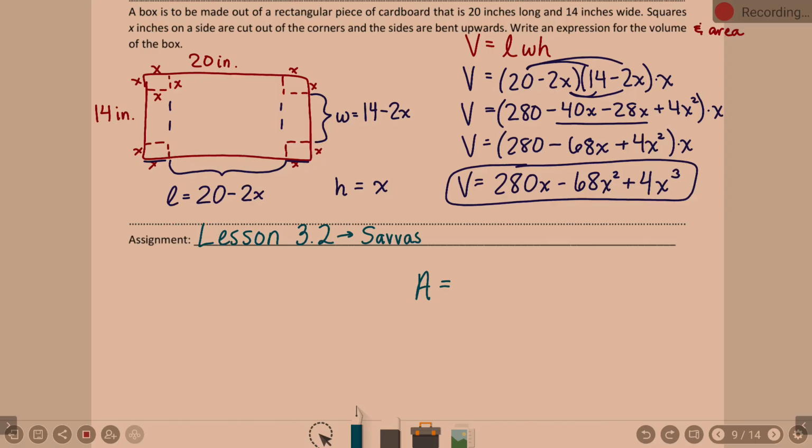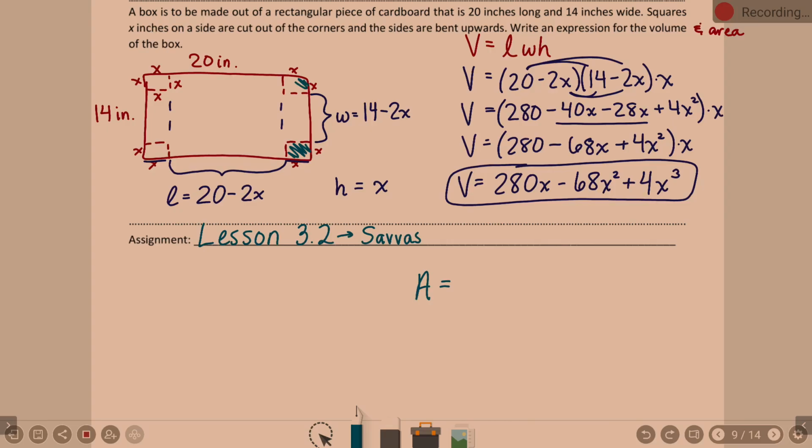Where did all these sides of the box come from? They came from this piece of cardboard, yes? And think about what makes the box. Is this entire piece of cardboard the box? No. It's this entire piece of cardboard. Then what do we need to do? What did we take away?